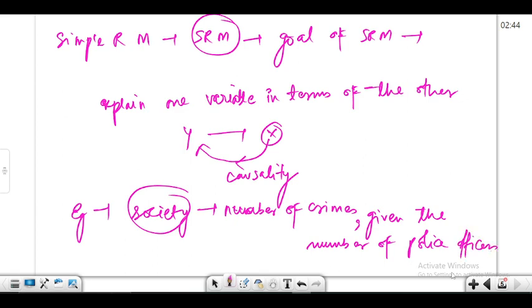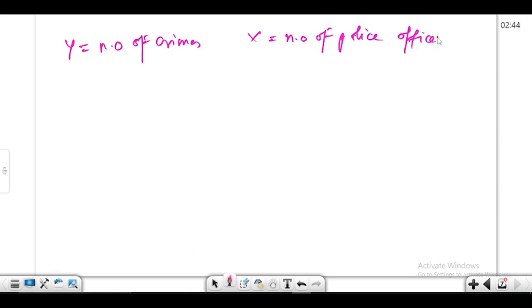So my y variable is the number of crimes and my x variable is the number of police officers. My concern is to check whether increasing or decreasing the number of police officers in a society or community affects the number of crimes in that society or community. This is something I can regress through a simple regression model.